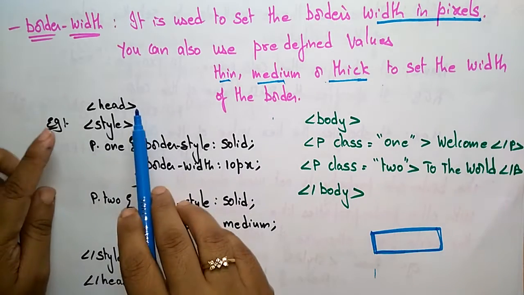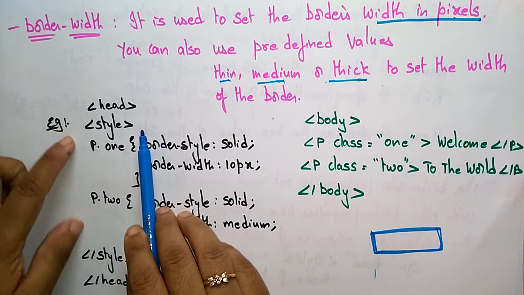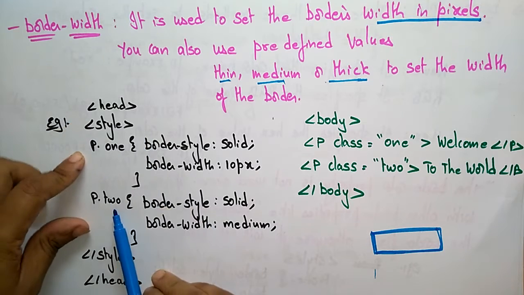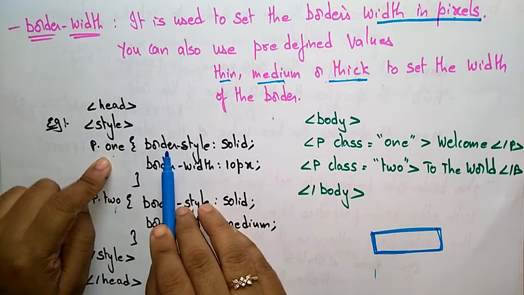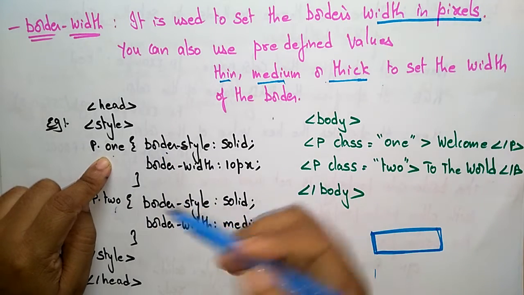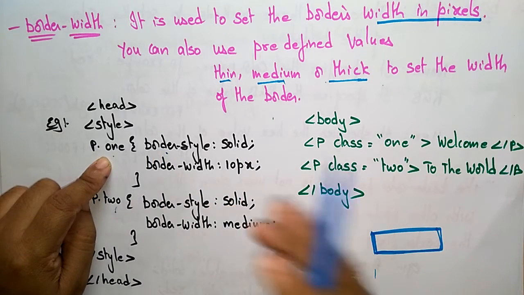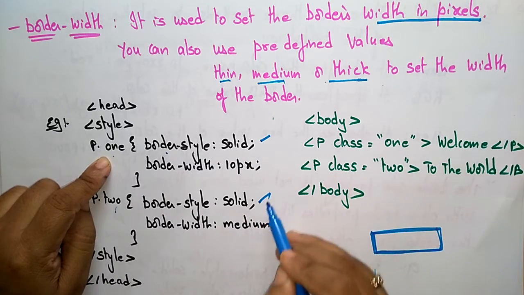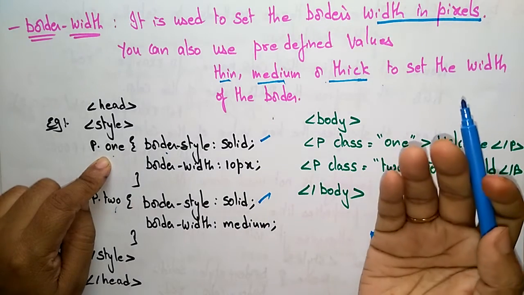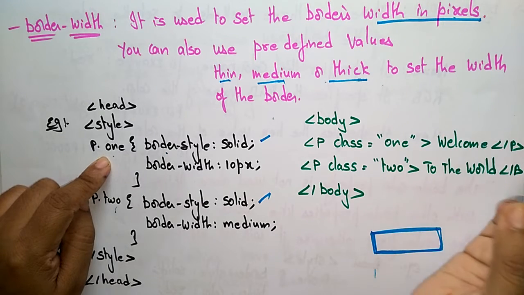Let's see the program. Head. Inside the style tag you need to write the code. Let's take the paragraph. P dot 1 is equal to. If you want to mention the width, the style also you have to write. The border style needs to be mentioned. This is compulsory. Without the border style you can't mention the width.